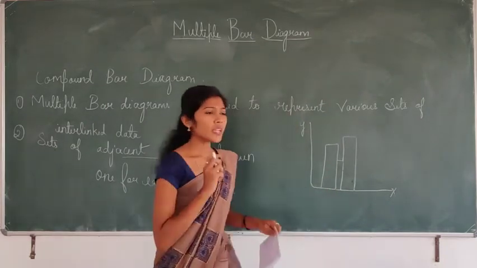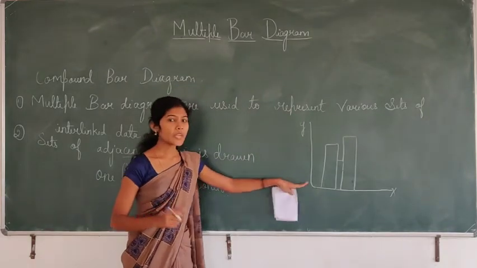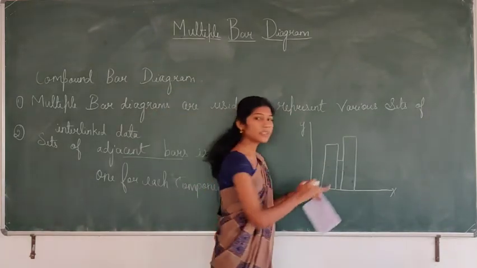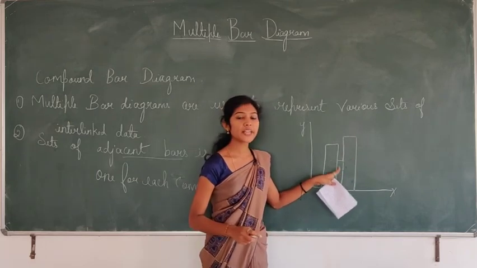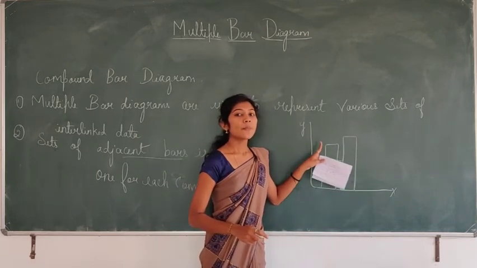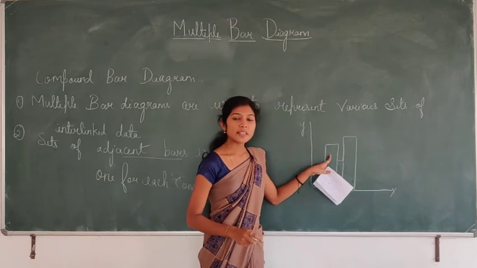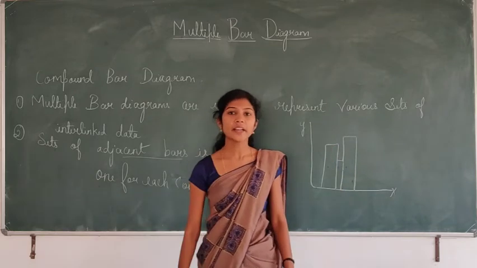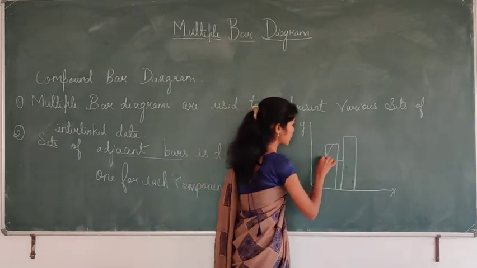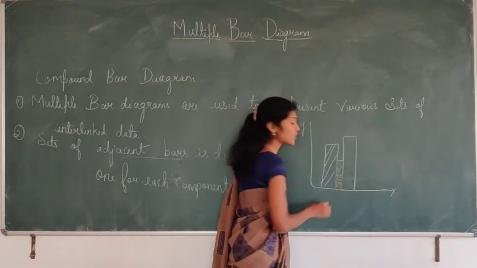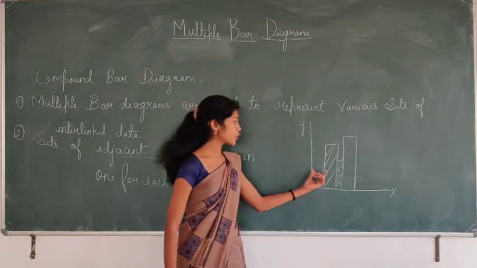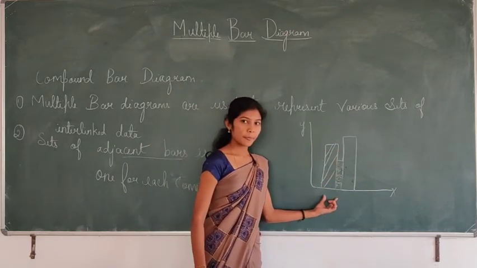Now in multiple bar diagram, in order to differentiate the different parts, that is, in order to differentiate the bars, shapes, colors, crossings are used. Clear?